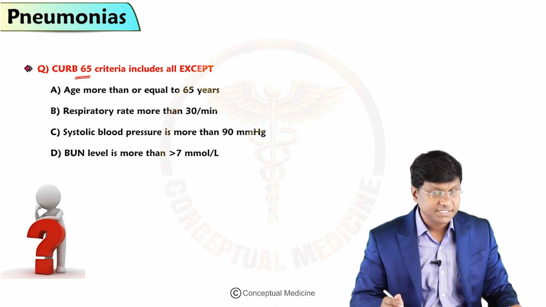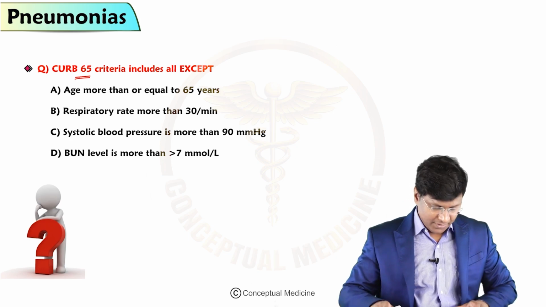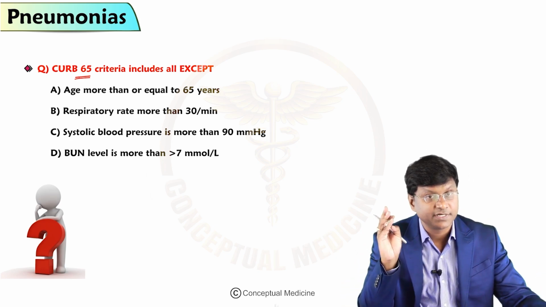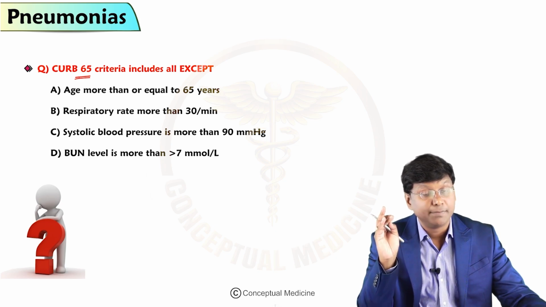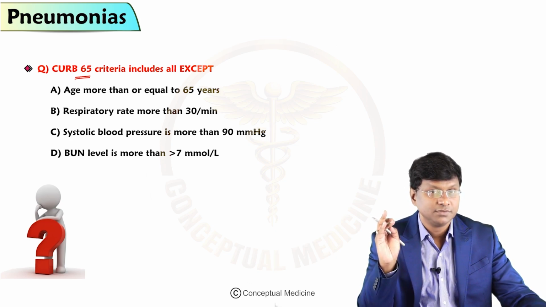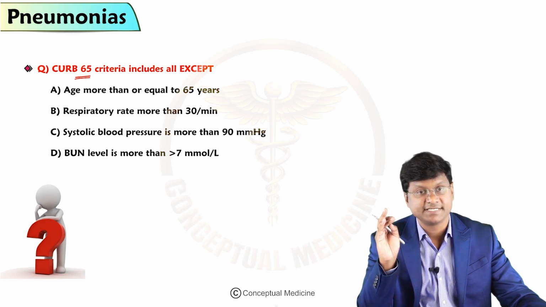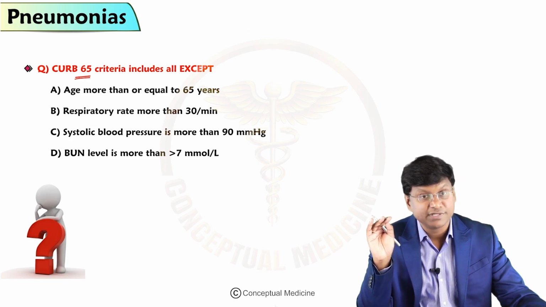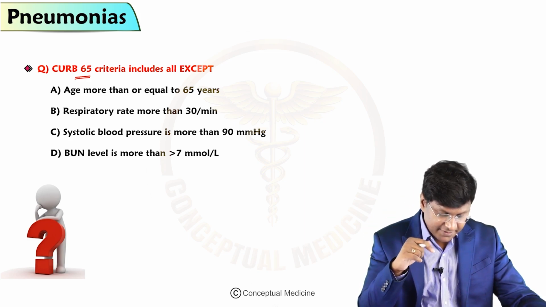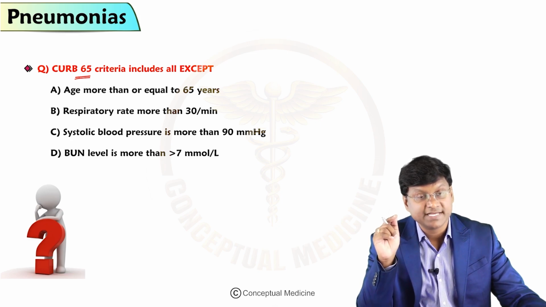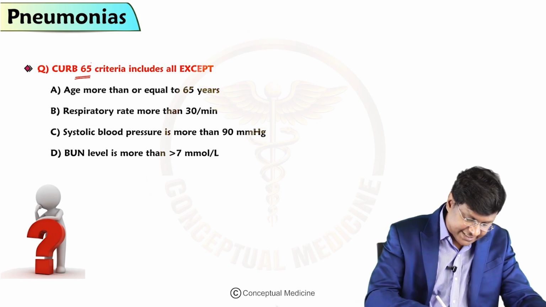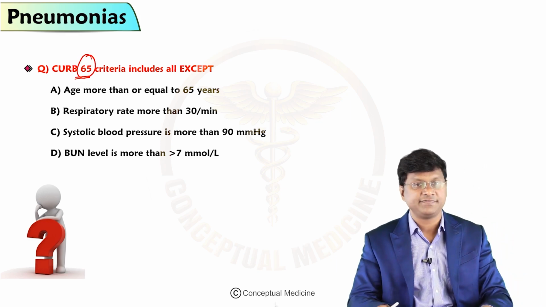In CURB-65, C stands for confusion. U stands for blood urea nitrogen, more than 7 millimoles per liter or more than 19 milligrams per deciliter. R is respiratory rate, more than 30 per minute. B is blood pressure, less than 90 by 60 millimeters of mercury. And 65 stands for age of the individual of 65 years or more.